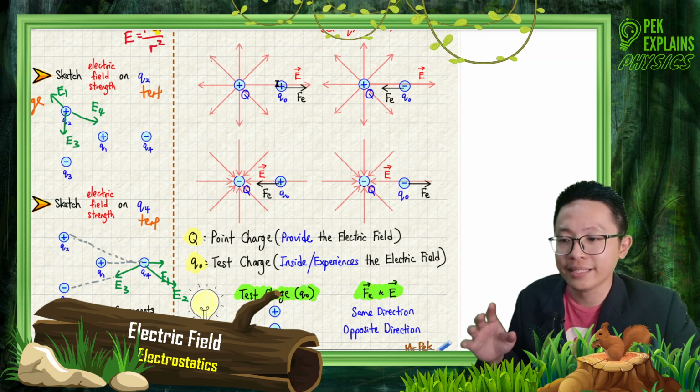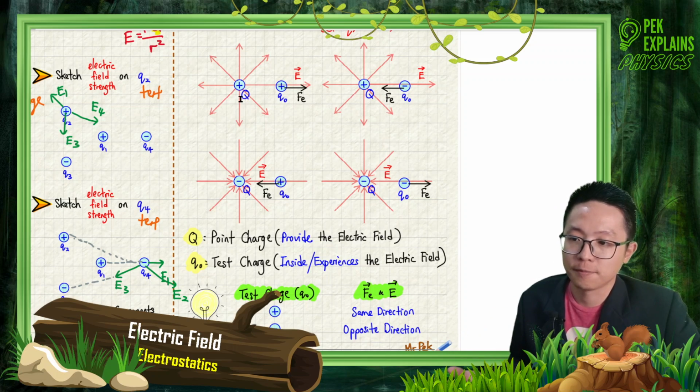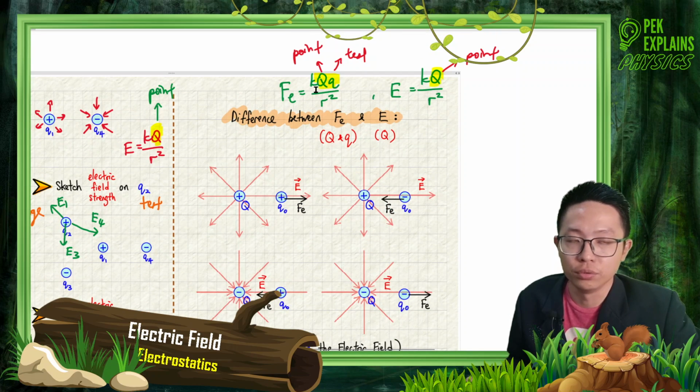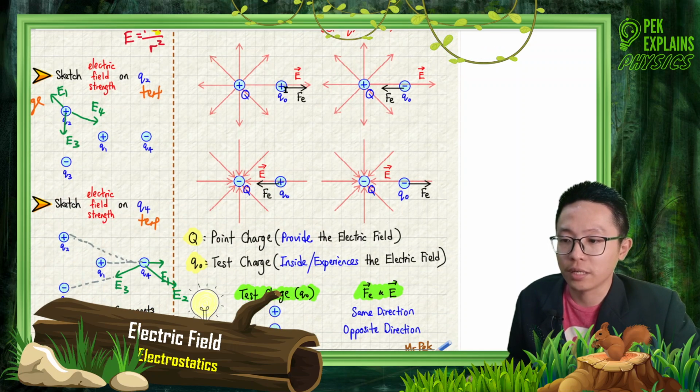The test charge is inside the electric field provided by the point charge, and experiences that field. Now, when we want to find the force experienced by Q naught, you need to look at both charges, because the formula is kQQ naught over r squared.